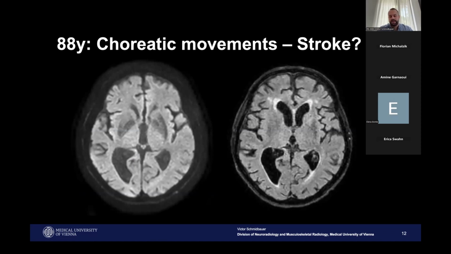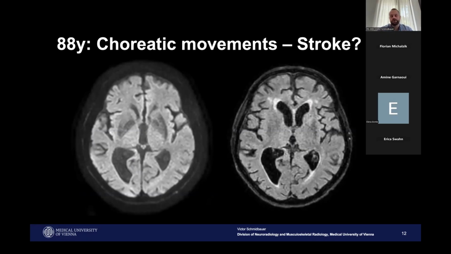And as mentioned, we integrated the multidynamic multi-echo sequence, so SyMRI, into our clinical workflow. What you can see right here is the brain of an 88-year-old patient who presented with choreatic movements.